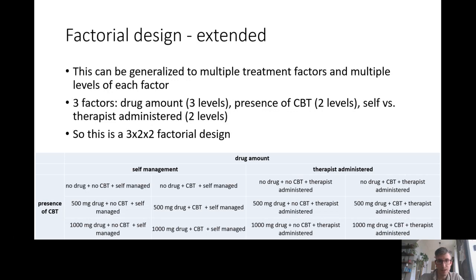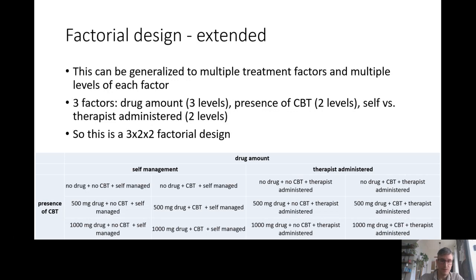So we are assessing a certain drug on, let's say, anxiety, and on decreasing anxiety symptoms. And in this factorial design, we are testing 3 different levels of this drug. So 0 milligrams, so no drug at all, 500 milligrams, and 1,000 milligrams of the drug.